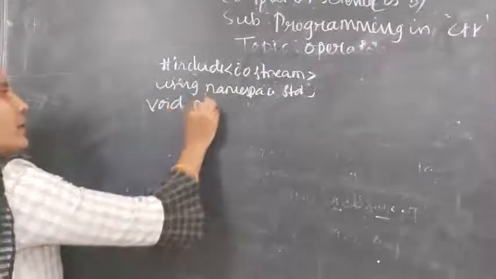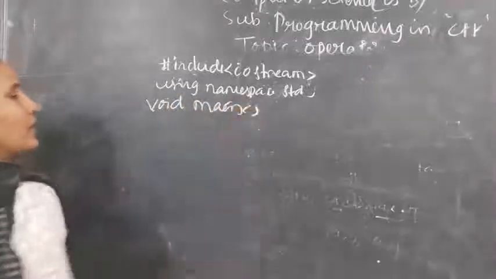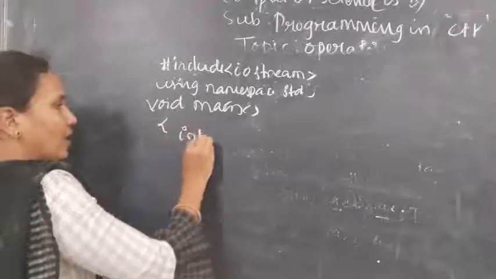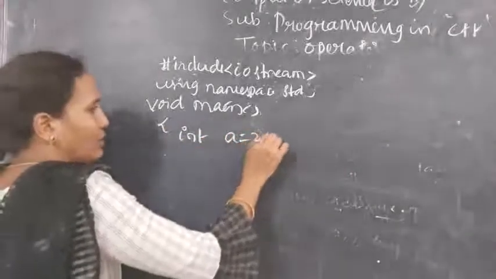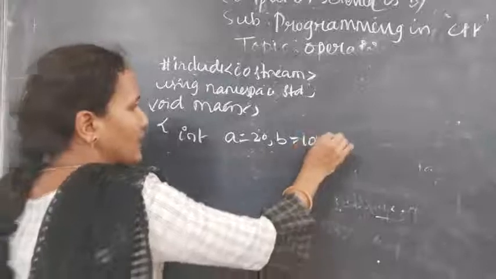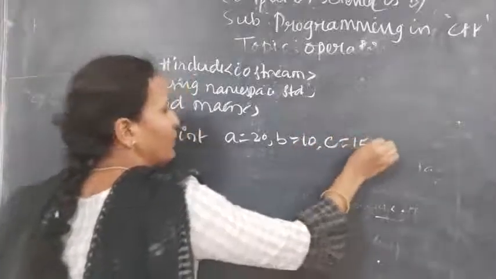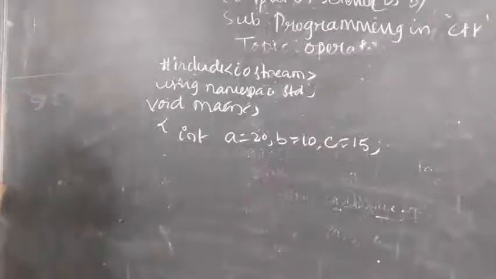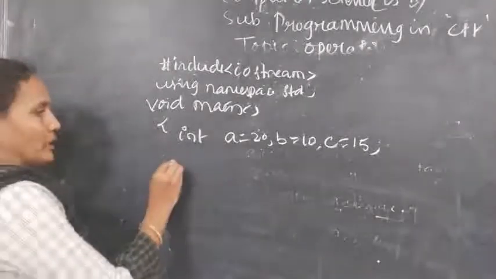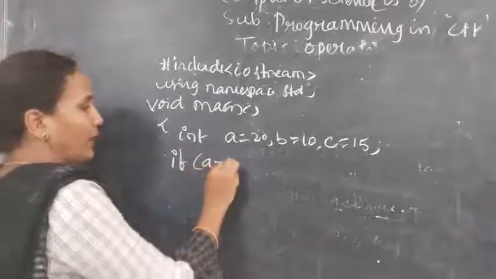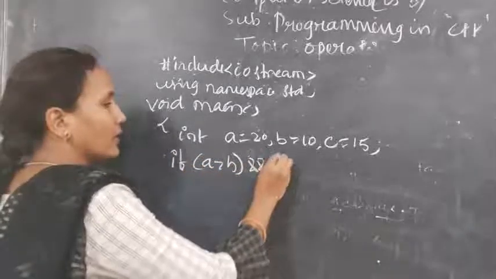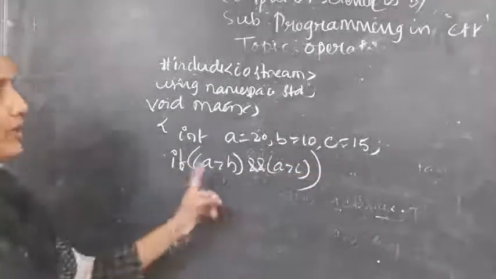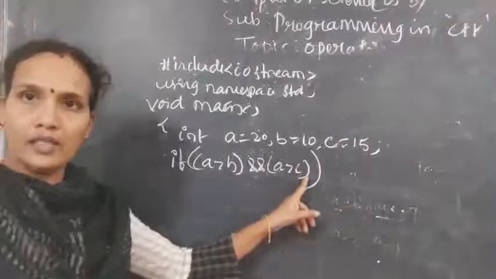Void main function. Int a equals 20, b equals 10, c equals 50. Three variables I am taking. Now the next one is if a greater than b and a greater than c.